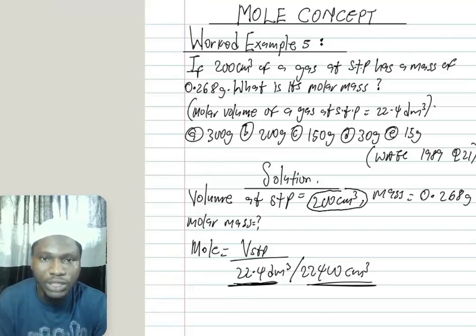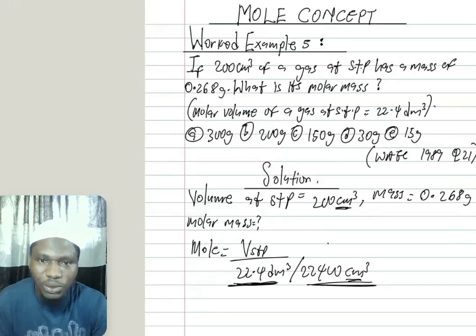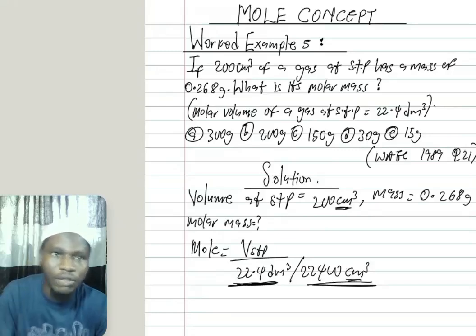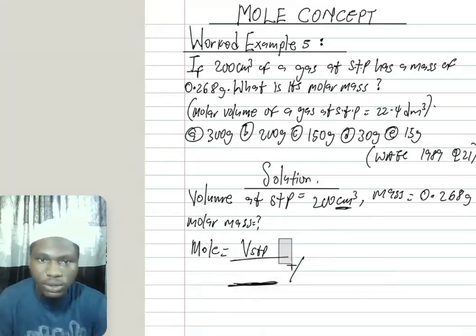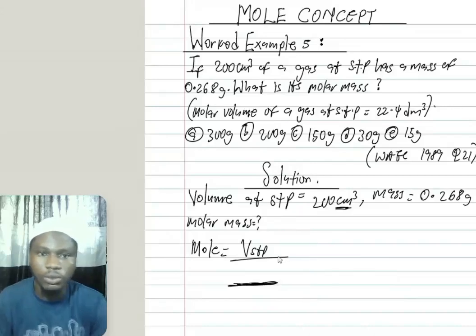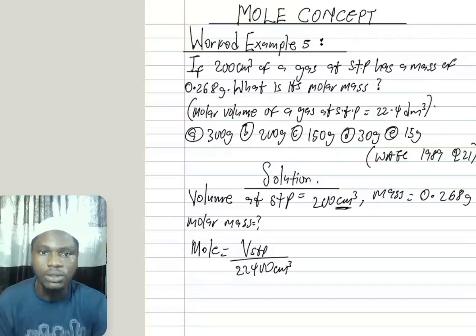The volume you were given here is 200 centimeter cubed. Now, because you have centimeter cubed here, you have to use this so that the units can correspond. Therefore, the formula you are going to be making use of in this question will be 22400 cm cubed.